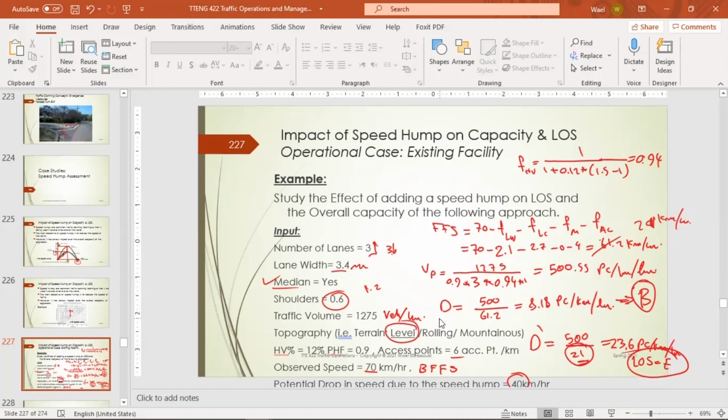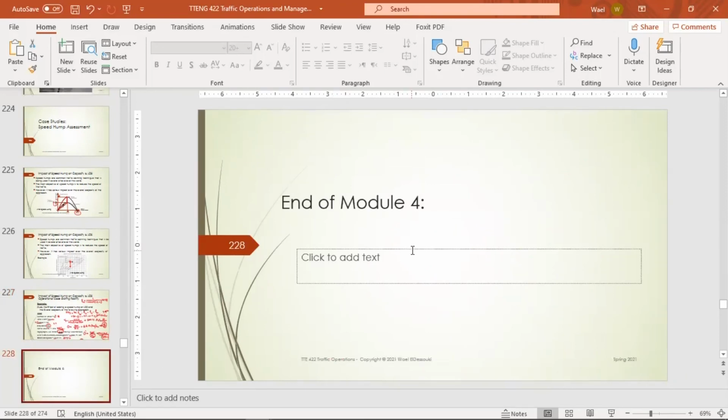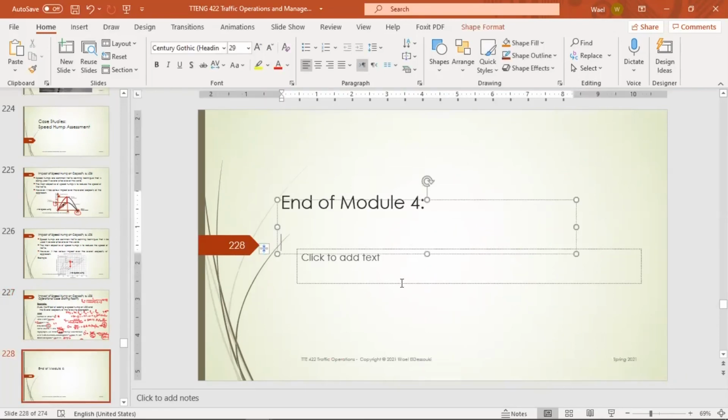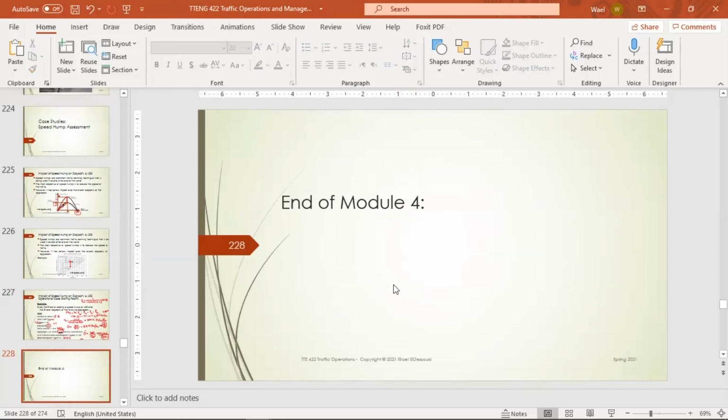There are several considerations for this. For example, there was a speeding problem in a residential compound, and I was asked as a consultant to make recommendations.